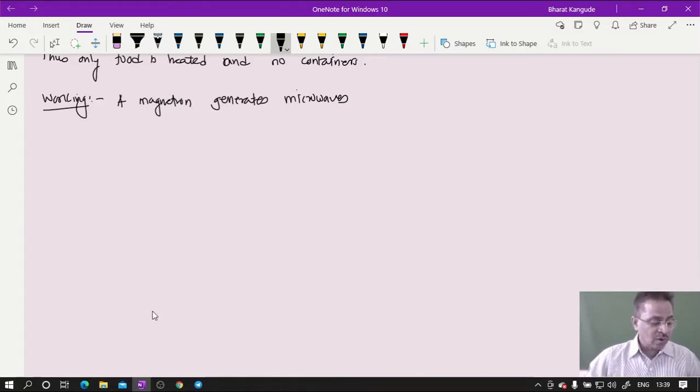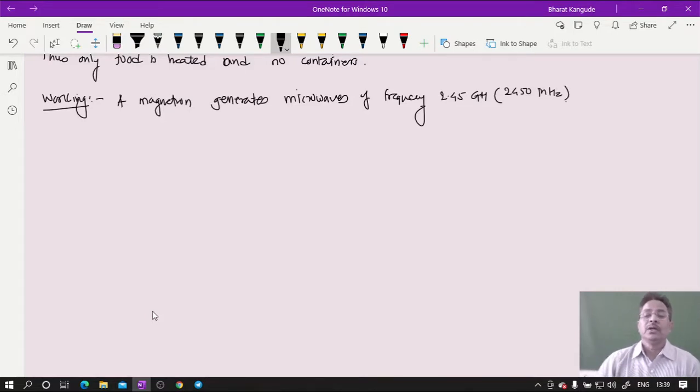It generates microwaves of the frequency 2.45 gigahertz, or in megahertz we can write 2450 megahertz, very large frequency, with wavelength lambda equal to 12.24 centimeters.